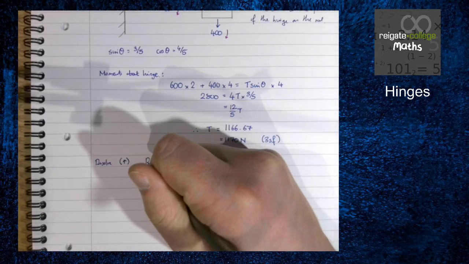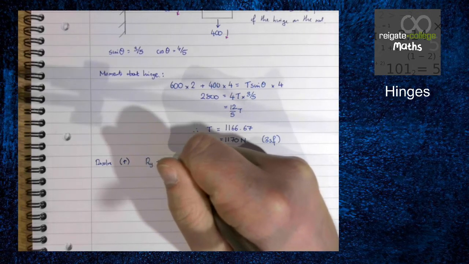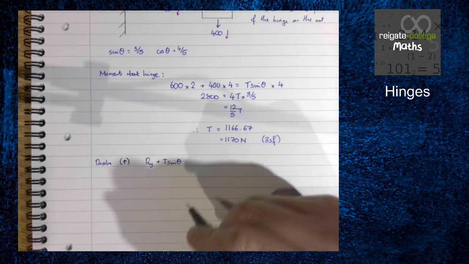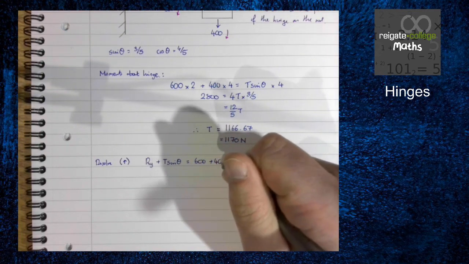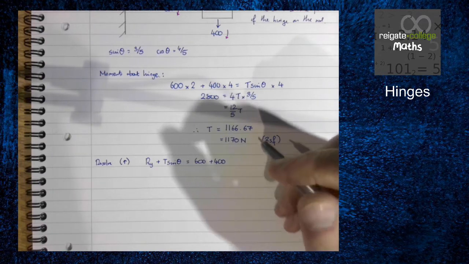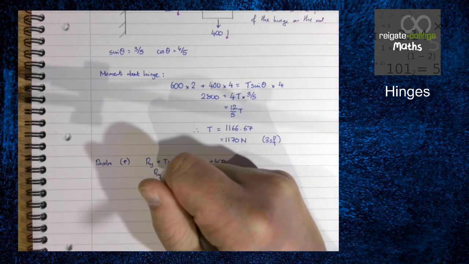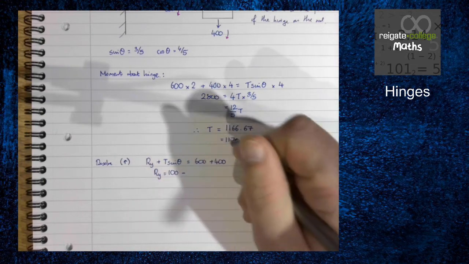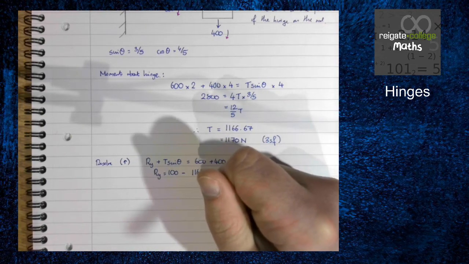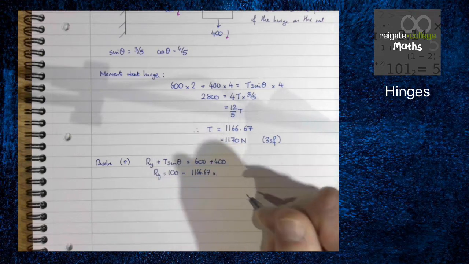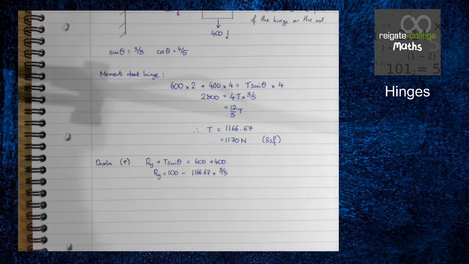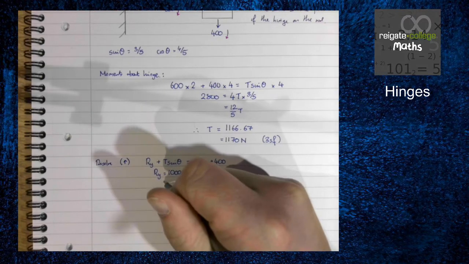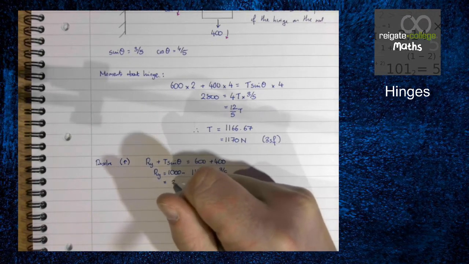So Ry is 1,000 minus this times sine theta, which is 3 over 5. Which when we work it all out comes out quite nicely to 300.